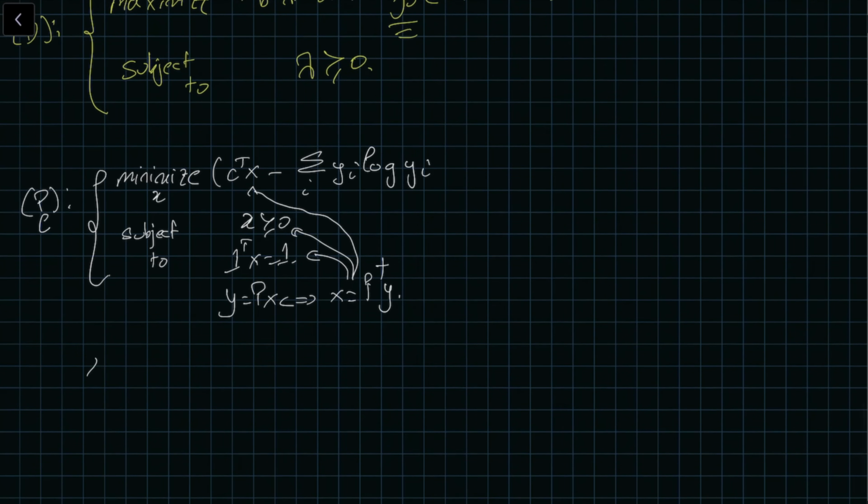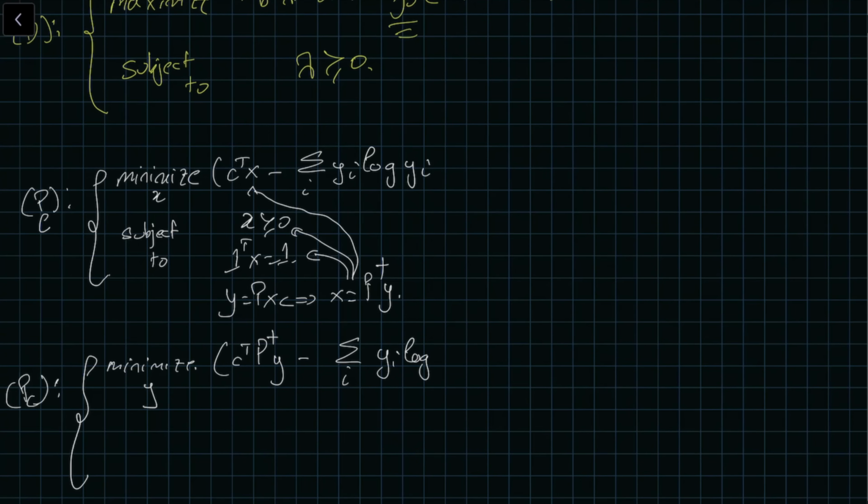By doing that, now the minimization is over y. We get C transpose P pseudo inverse y minus sum of yi log yi, subject to P pseudo inverse y entry-wise positive. And that does not mean that y is entry-wise positive.